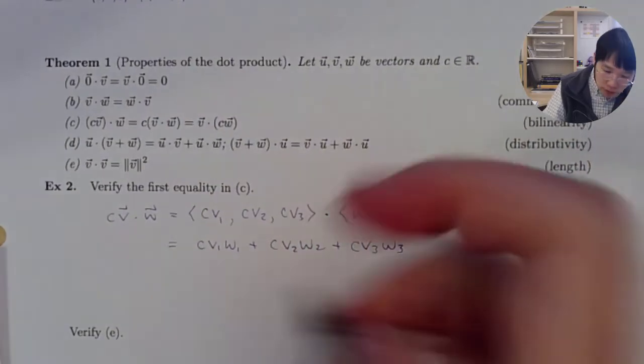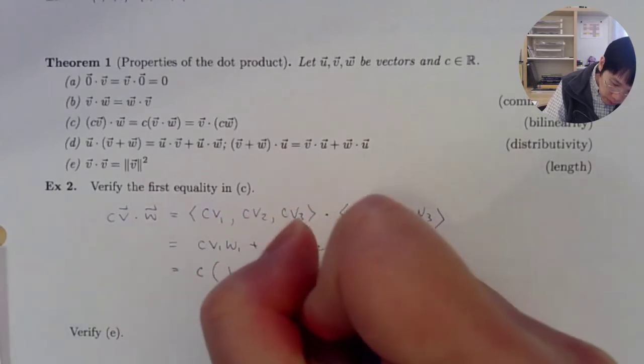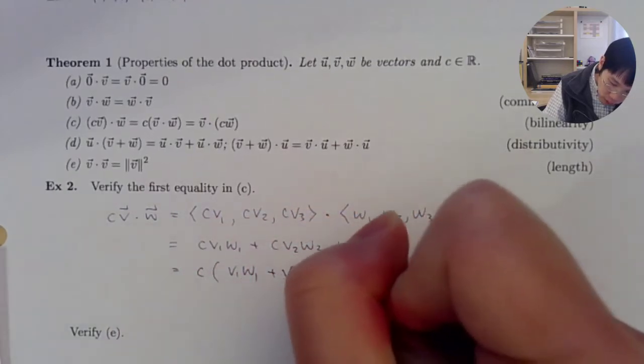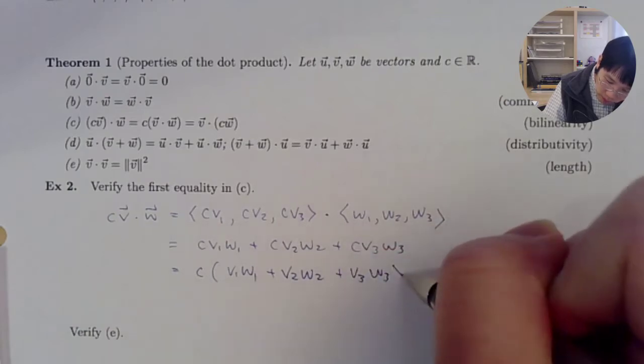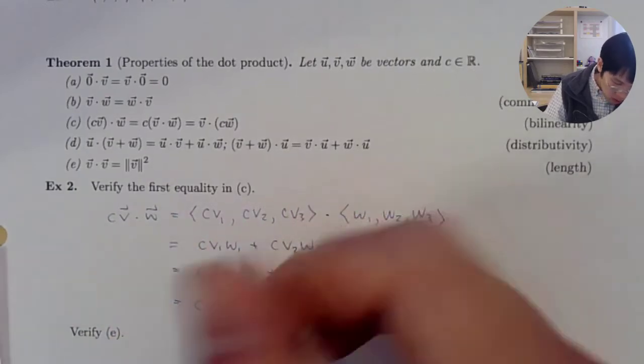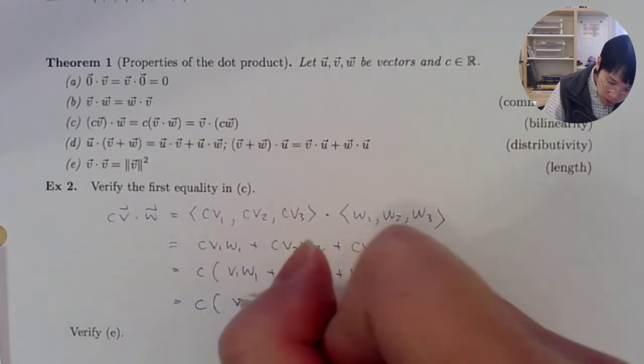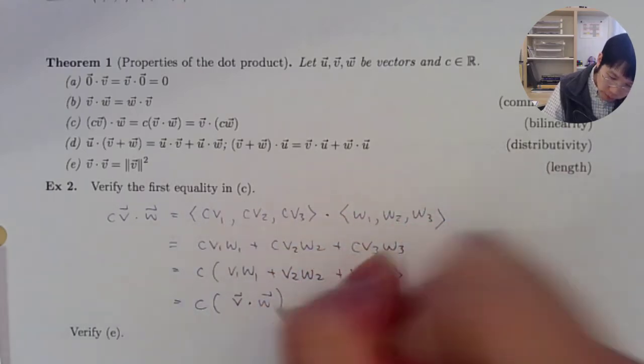But then we can factor out the c and then get what looks like the result of a dot product. So this is equal to c times V dot W.